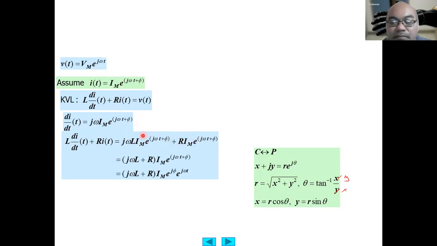Since this is the same exponent j omega t plus phi, we group it and it becomes j omega L plus R multiplied by Im exponent j omega t plus phi.